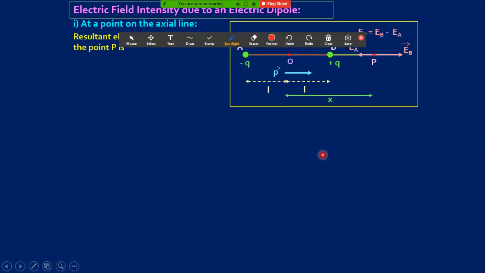So it is very clear that the directions of the two electric field intensities are opposite to each other.